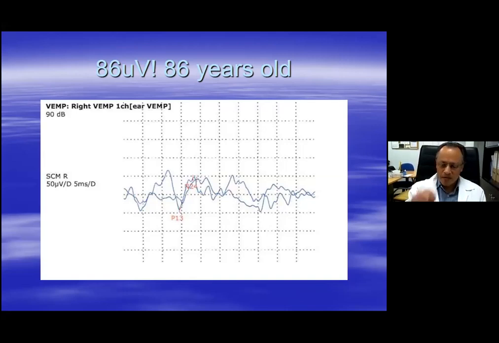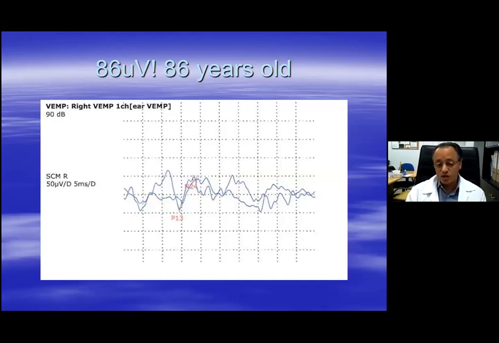But you do not need a minimum level of contraction as demanded by most dedicated systems. This patient that you see in front of you is 86 years old. Here we have a sensitivity of 50 microvolts per division. No lie, this patient gave me a CVEMP of 86 microvolts.